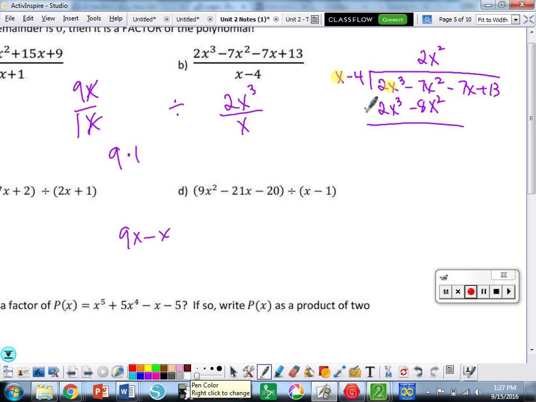And when we subtract, the 2 becomes negative, the 8 becomes positive, right? Because you have to change all of the signs. Yeah, because it will change everything behind it. So those go away. Combine those, we get x squared. Bring down the 7x. And we do it again.